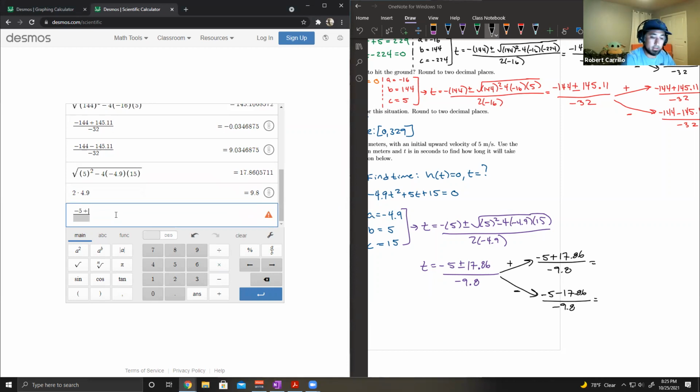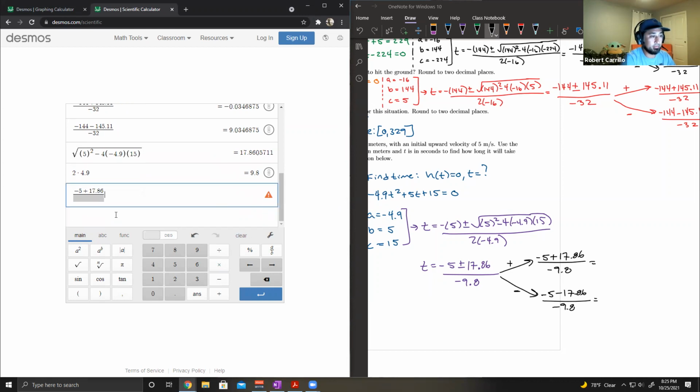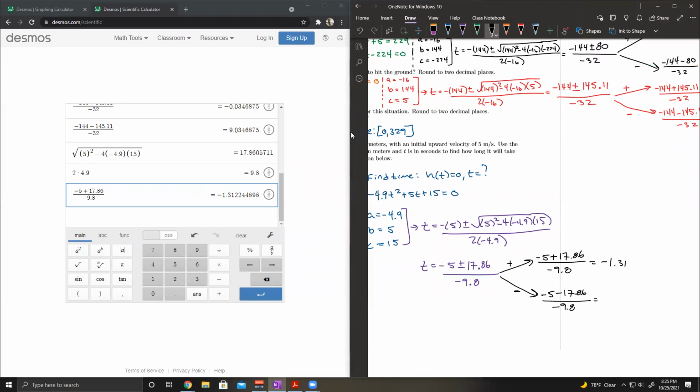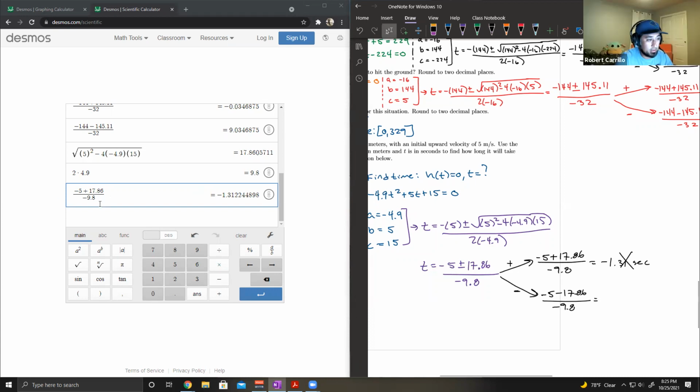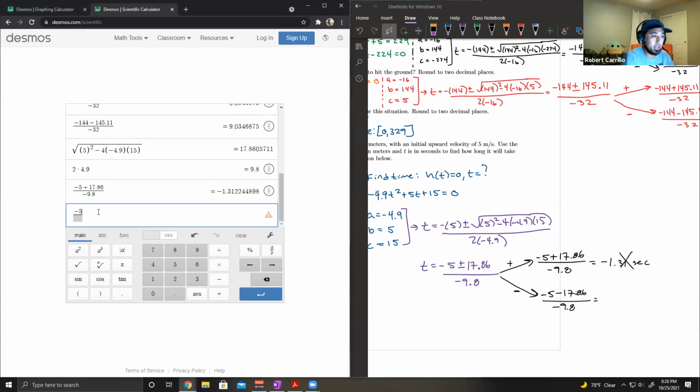Negative 5 plus 17.86 over negative 9.8 gives you negative 1.31, but can we use that answer? Nope. Can't have negative time. And for the next one, negative 5 minus 17.86 over negative 9.8, we get 2.33 seconds.